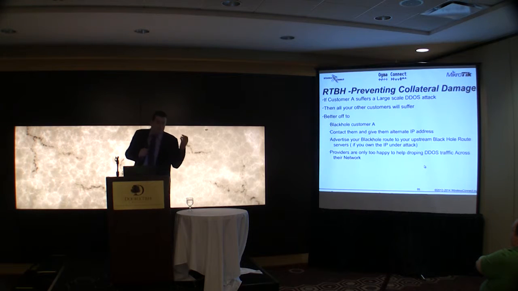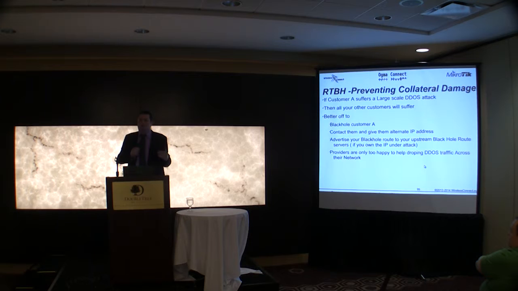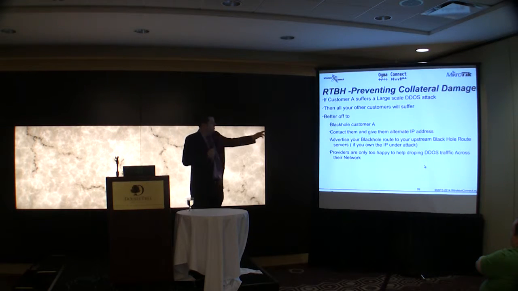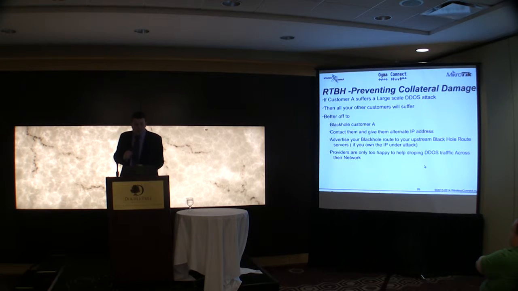I said it jokingly earlier, but it may be a serious question you have, particularly with an awkward, non-technical client. That's what you're up against. Contact them, give them an alternate IP, and advertise your black hole route to your upstream, if you own the IP under attack. Usually decent providers are only too happy to block it.